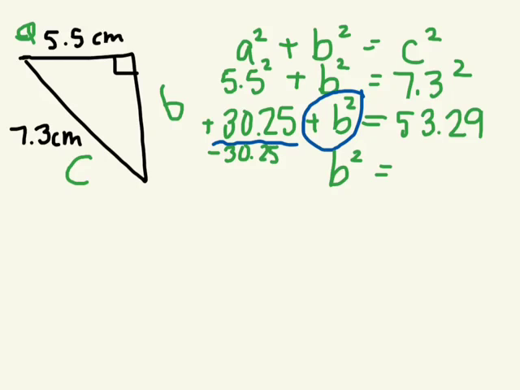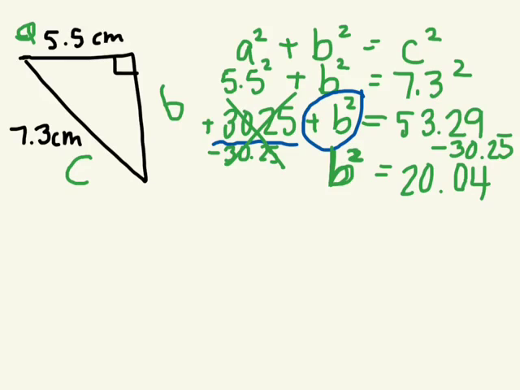If I take 30.25 away, that's gone, right? What do I have to do to the right side? Take 30.25 away. Good. So I'm left with my b squared. And then what's 53.29 take away? 20.04. Good. 20.04. Excellent. Well, that's what b squared is equal to.